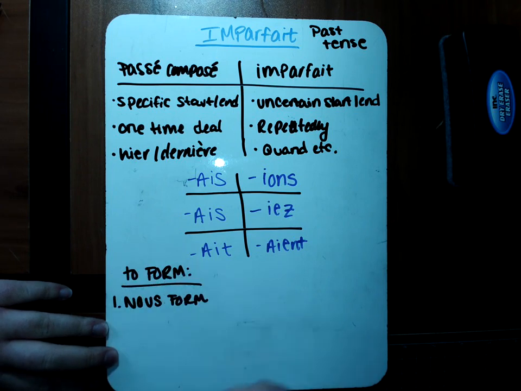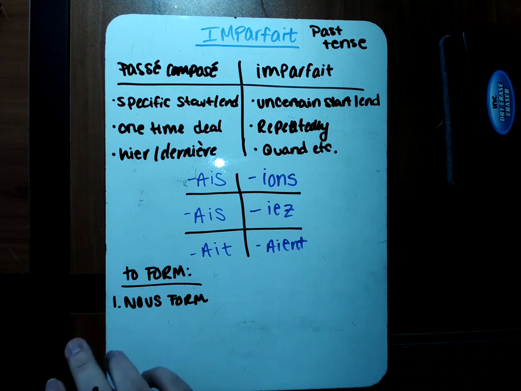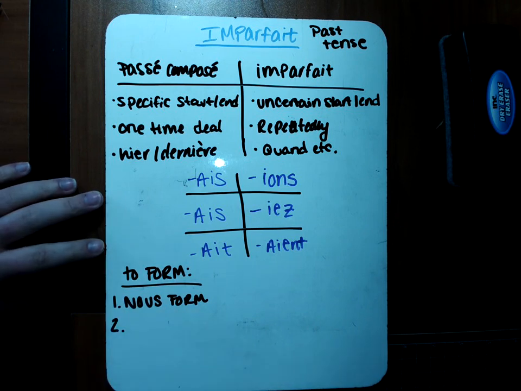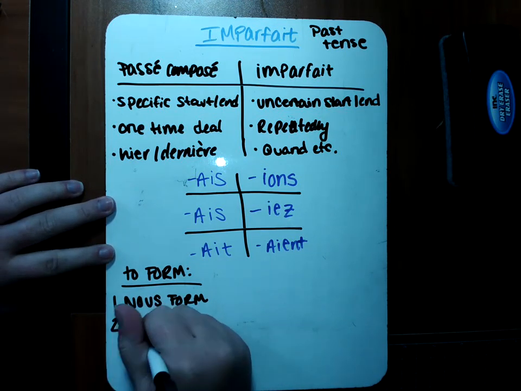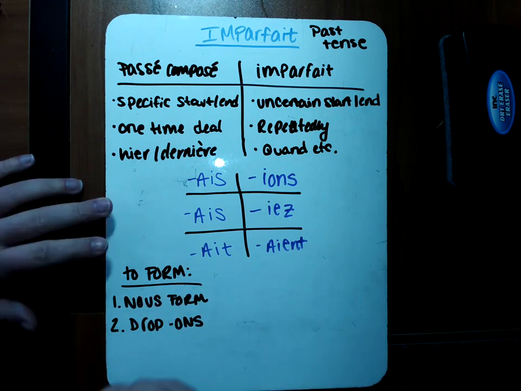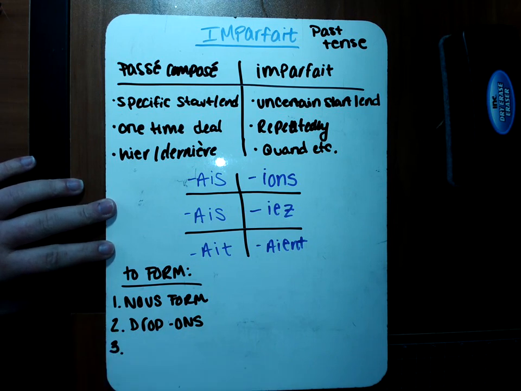The nous form of the verb, like if we wanted to use the verb manger, we would use mangeons. We would use that form. So we're going to use the nous form, and then we're going to drop the ONS. So you take off the ONS. And the third step is to add the endings.